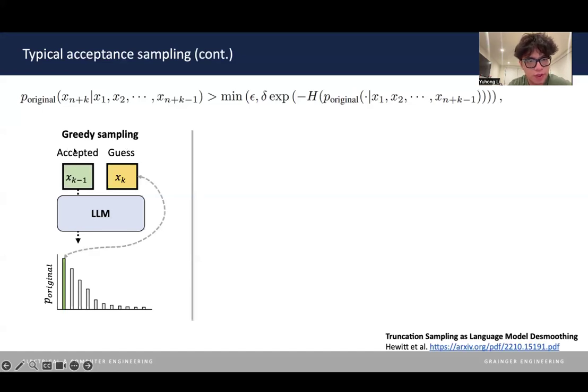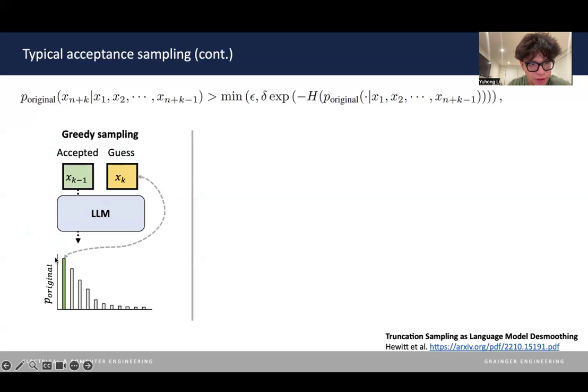Greedy sampling: we have one token get accepted by the LLM. What we do is guessing. The guess must match the top one. For example, if this is I and this is M, and the guess is I prime, and I prime is here, M is here, it doesn't match the M, so this will be rejected.